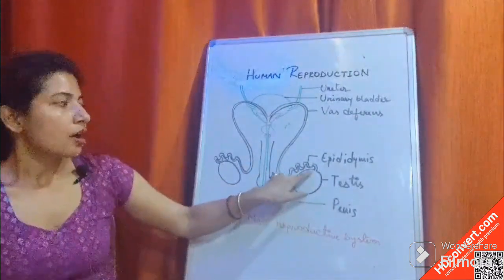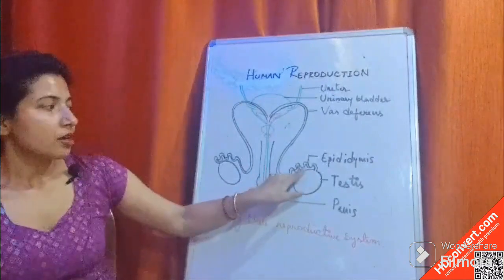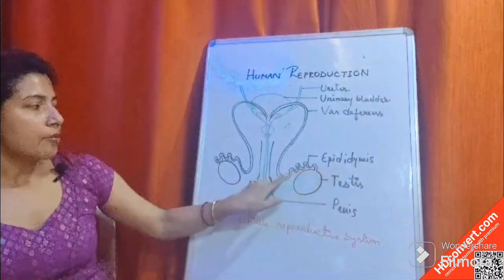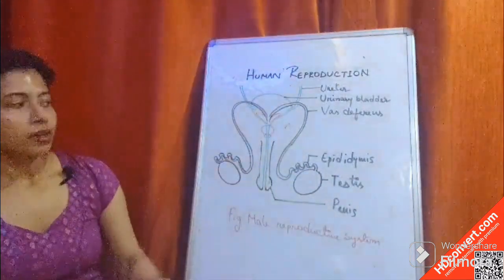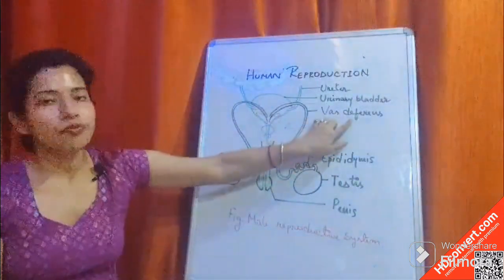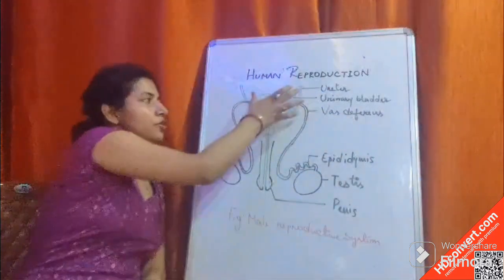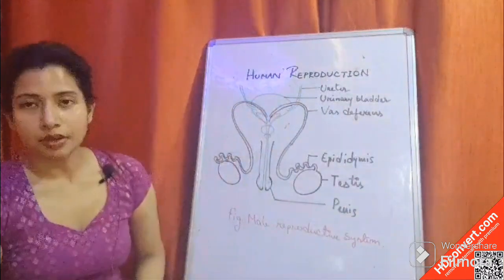From testis, a coiled tube, you can see here, a coiled tube emerges. The term is epididymis. Now epididymis continues as a long thin tube. It is known as vas deferens, written here. Now this green color part is the human urinary system.